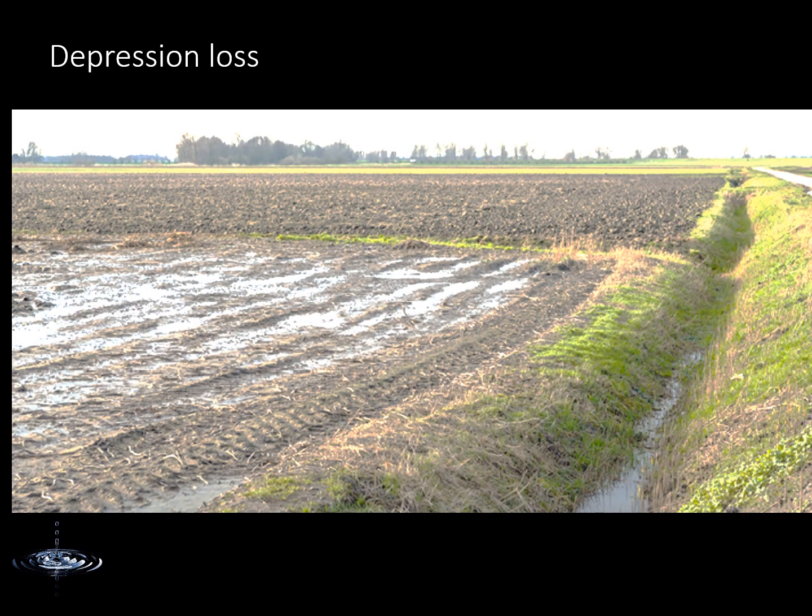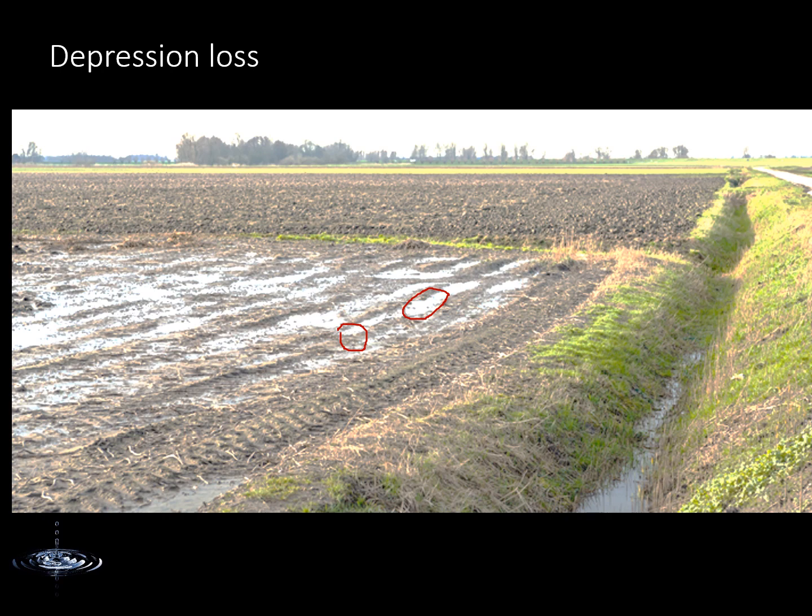Now another loss is called the depression loss. Depression is the portion of precipitation that is retained on the surface of the ground. You can see the surface is obviously not very smooth, and this does not contribute to the runoff, and it is also not infiltrating. You can see it is still there.